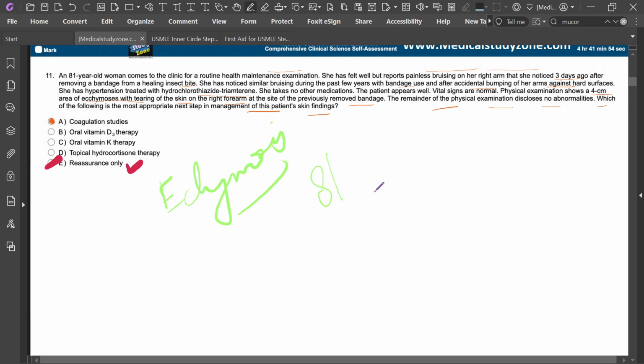It is important to note that certain medical conditions such as clotting disorders or bleeding disorders can increase the risk of bruising in older adults. However, in the absence of any other concerning symptoms or underlying medical condition, ecchymosis in this patient can be considered a normal finding in the aging process.